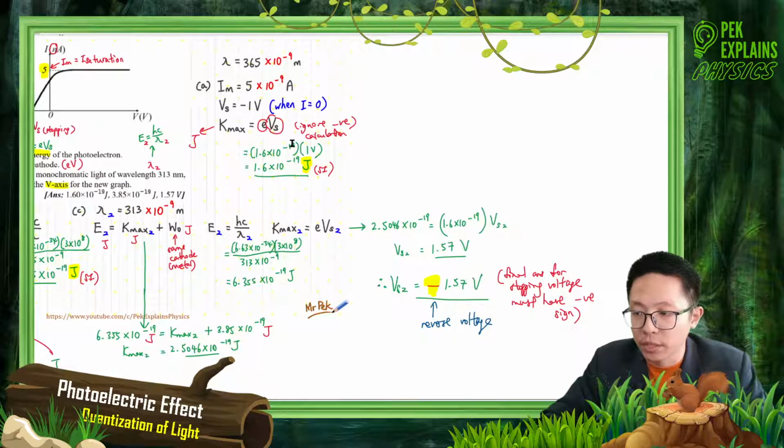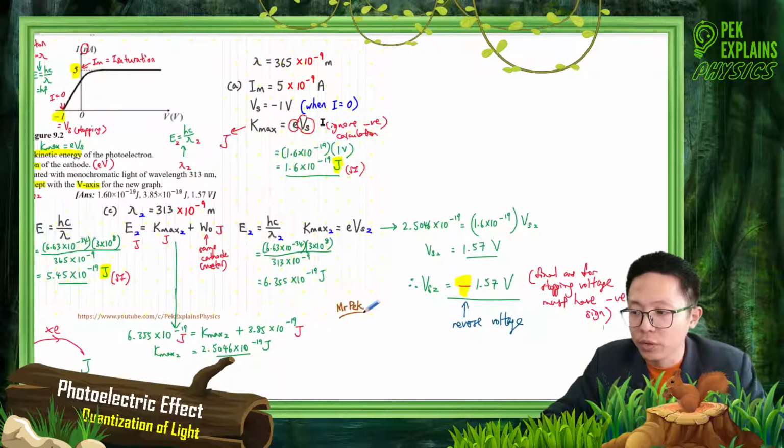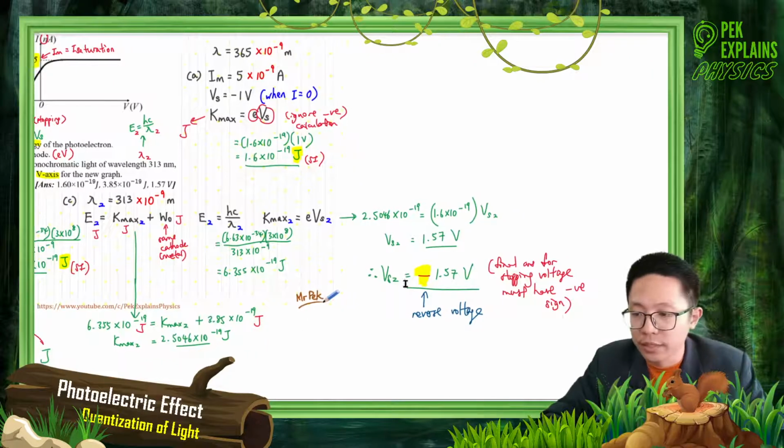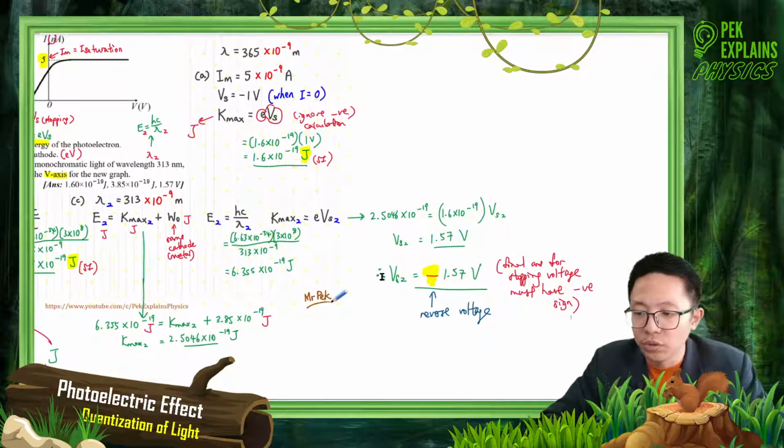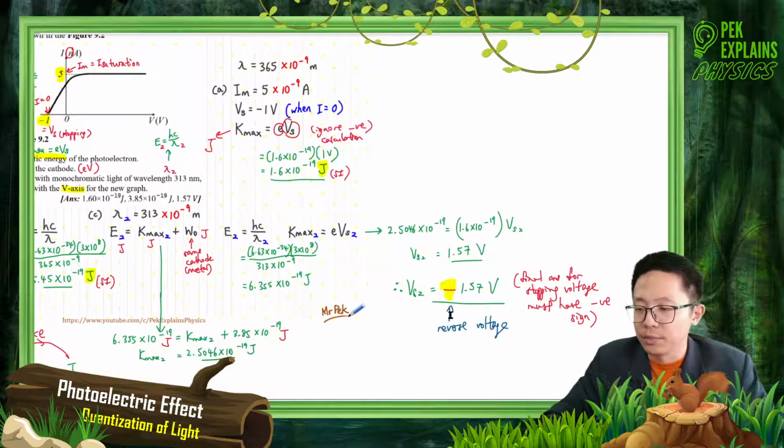Like if stopping voltage is negative 1 volt, we just put it as positive 1 volt for calculation. But for the final answer, like the stopping voltage for lambda 2, you must include the negative sign because it is a reverse voltage.